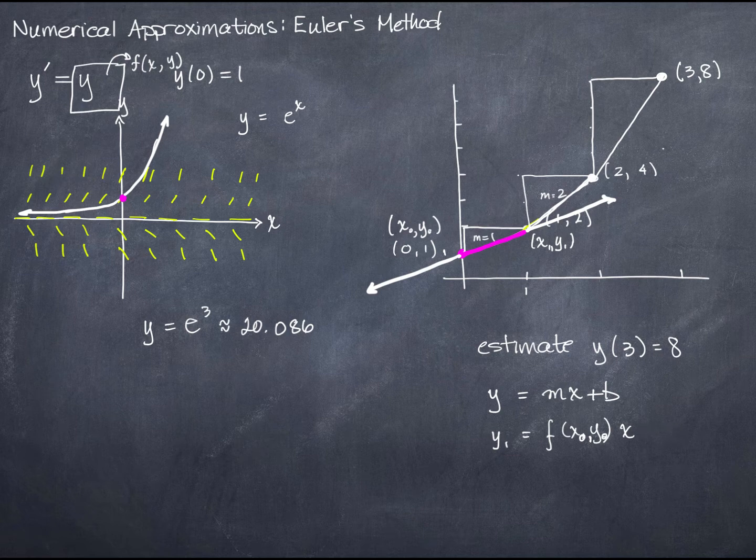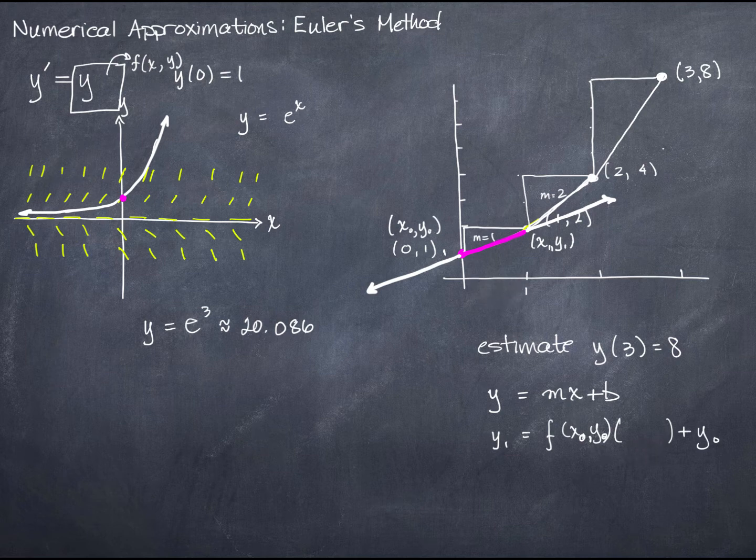Okay, now I need to move this plus y naught just over a little bit. Plus y naught. Because I need to find a way now to express this x. And this x also will depend on where I am in the process. So right now I'm working on finding this second point. I've started from my first point and I've moved up and over, that's my m, times some distance across, right?